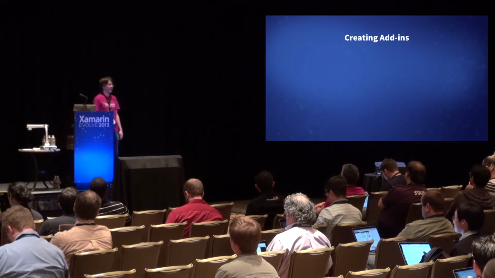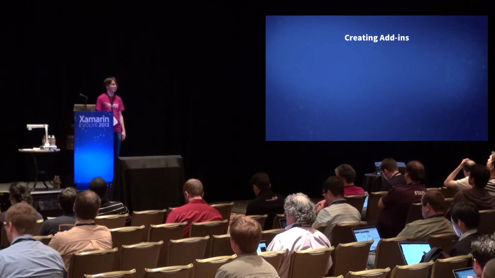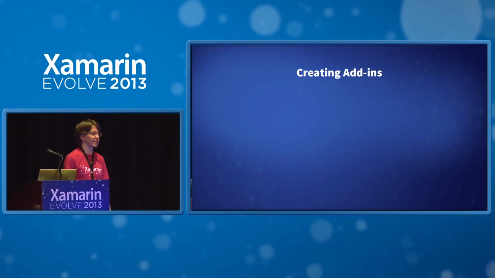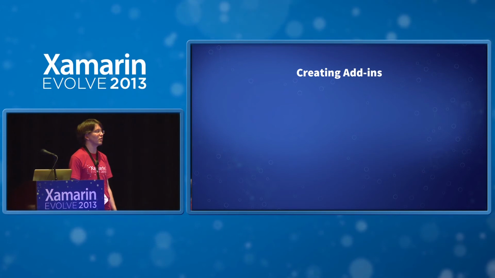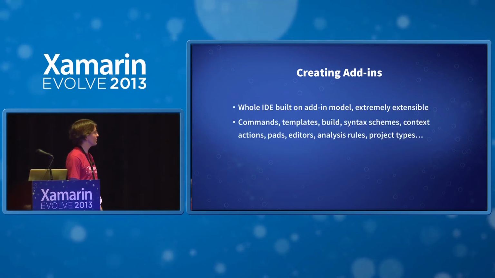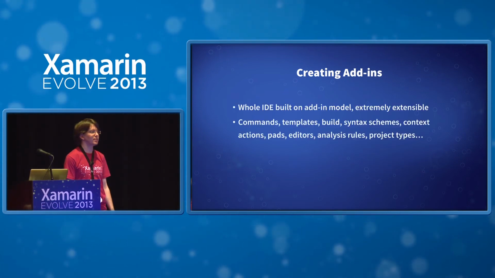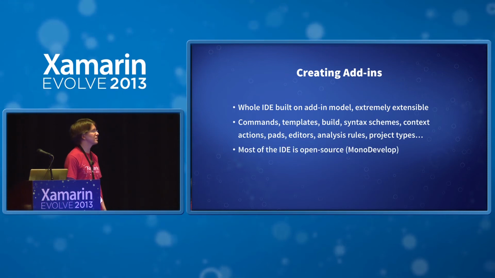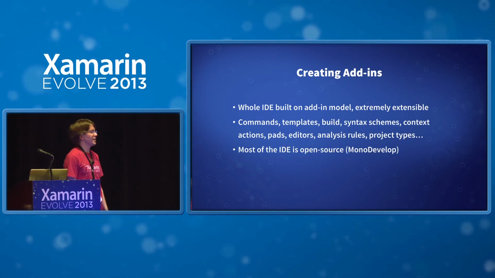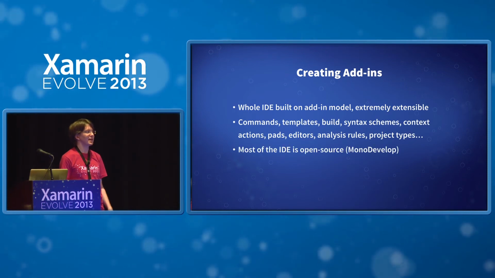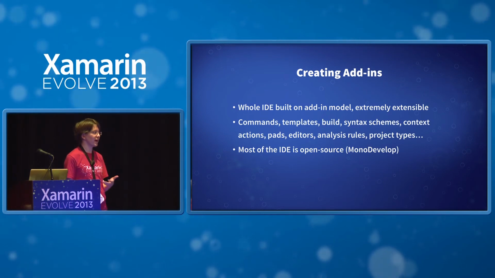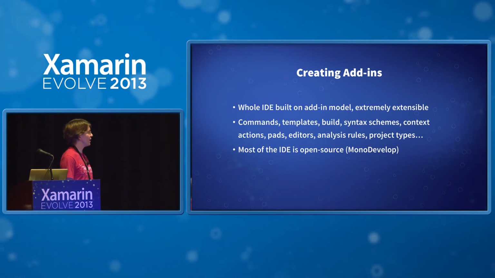Also, the entire IDE is extensible via add-ins. There is a very rich model. It's completely built out of add-ins. You can extend pretty much any part of it. And if there's a feature we don't have, you can add that. We do have some docs on that.